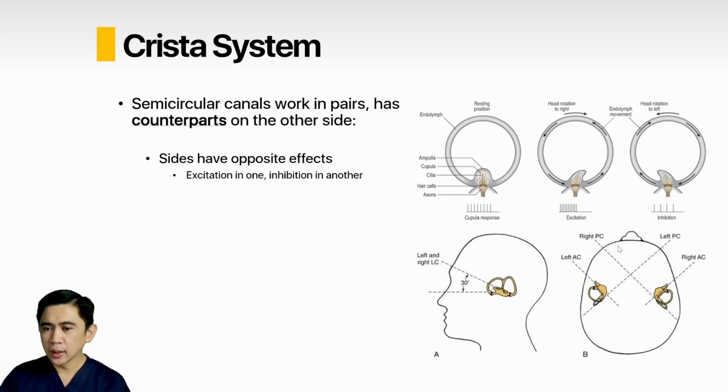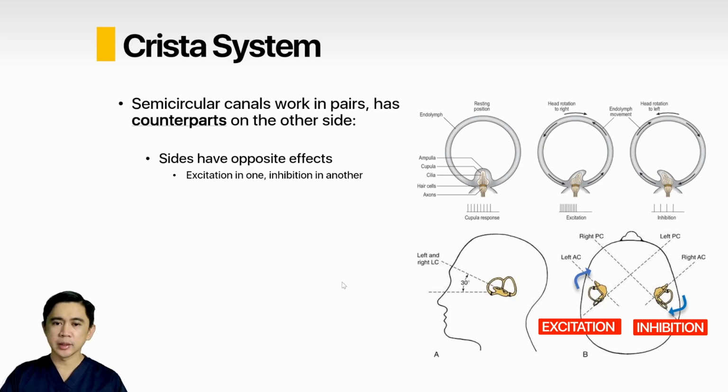Take, for example, this one, because we have two inner ears. When we bend our head towards the right, there will be movement of endolymph over here, and it will excite the cupula, which is found here. But on the other side, the flow of endolymph is away from the cupula, and there will be inhibition. So this excitation in one and inhibition on the other will be read by the brain that our head is turning on one side.